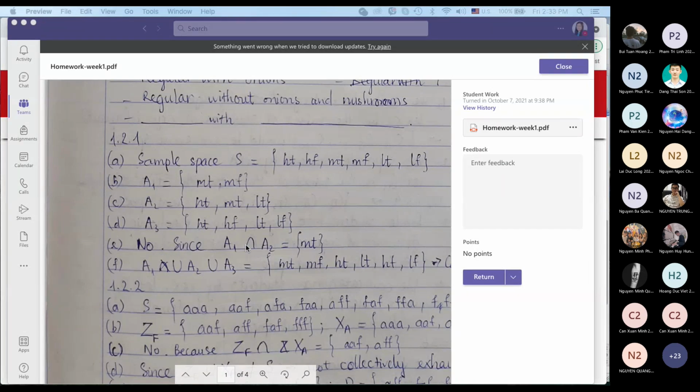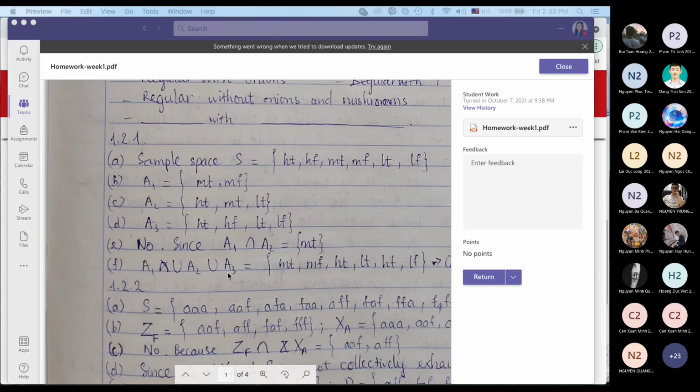Because A1 intersection A2 equals the outcome MT, A1, A2, and A3 are not mutually exclusive. Not exclusive.